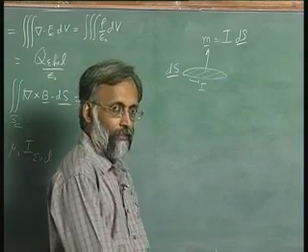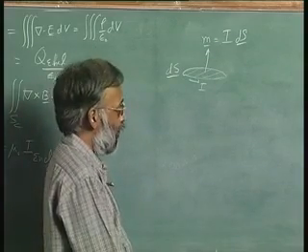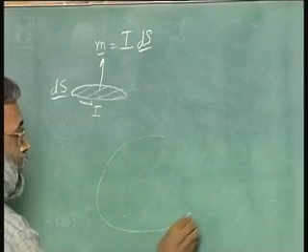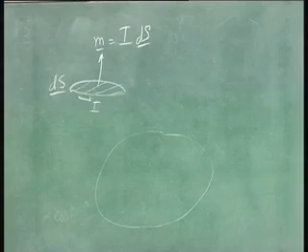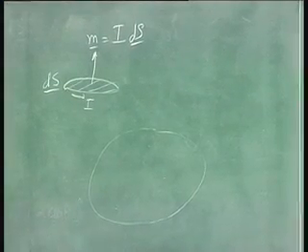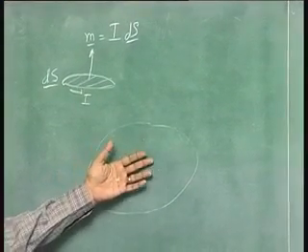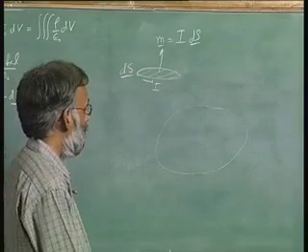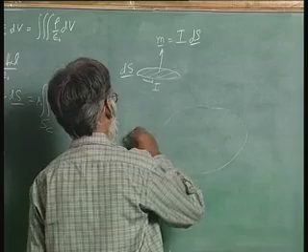Now, when we look at what is happening in material bodies, suppose you imagine that there is some material, some object, maybe a plastic, maybe a glass, maybe a lump of iron, and let us suppose there is a magnetic field.